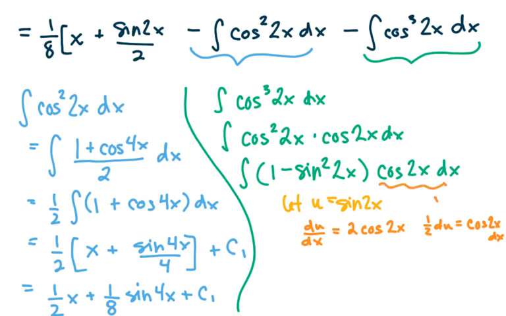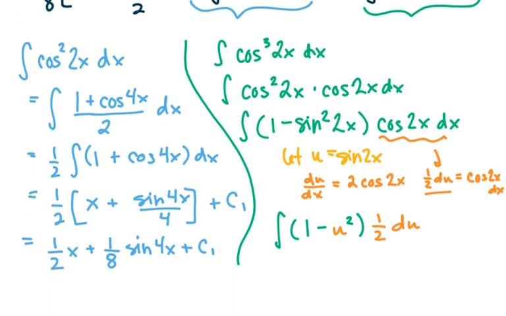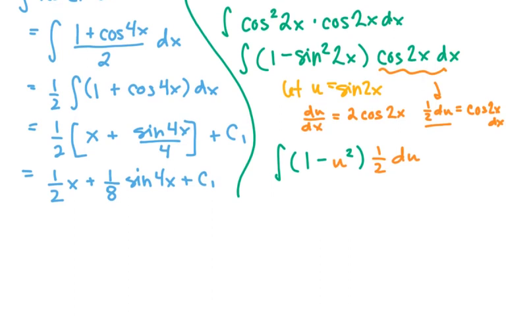So this right here is going to equal 1/2 du. So my integral is 1 minus u squared times 1/2 du. And this is now easy for us to integrate.